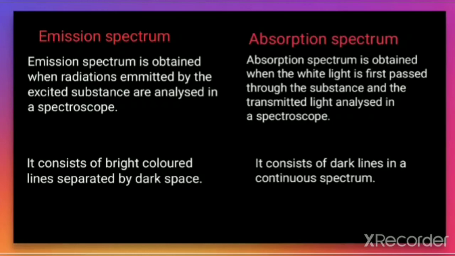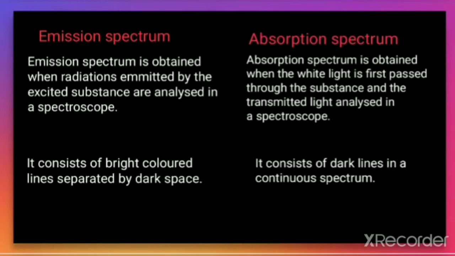The main difference here is that one is the spectrum of emitted radiation of a substance. The other one is the spectrum of the transmitted light, which is made to pass through a substance. Certain radiations are absorbed and we analyze it in a spectroscope. Then it is called absorption spectrum.